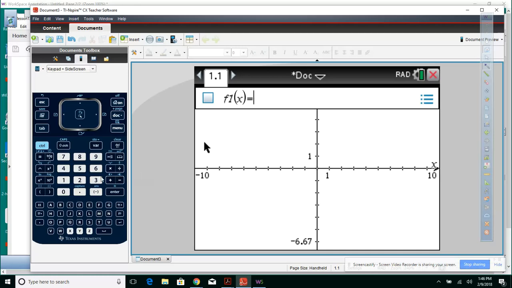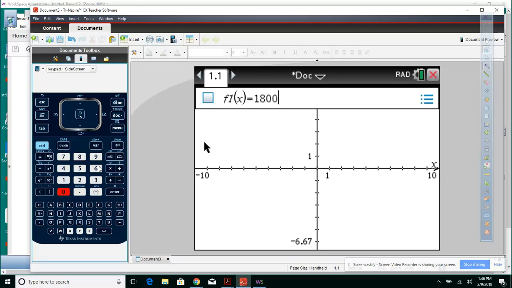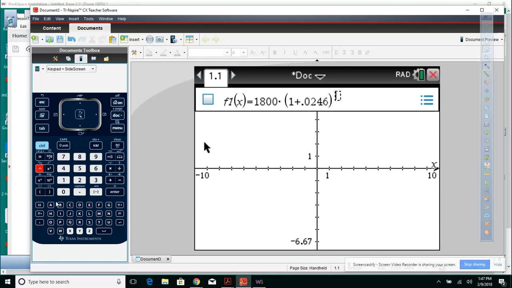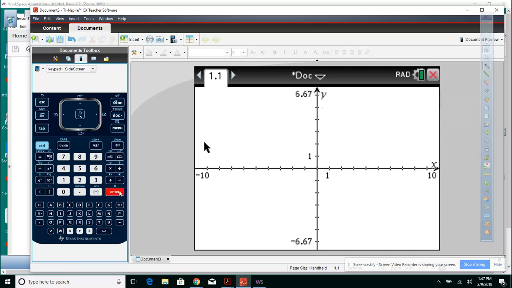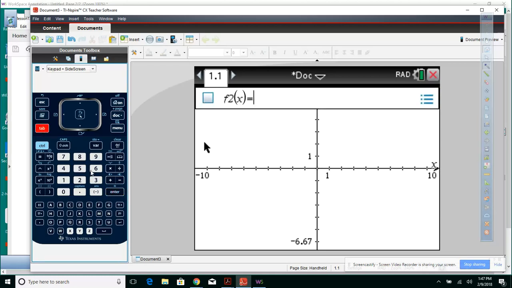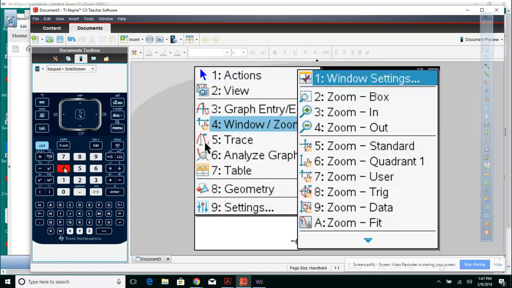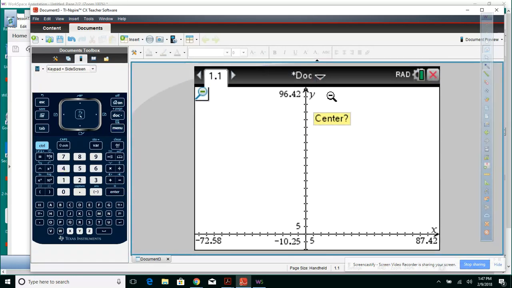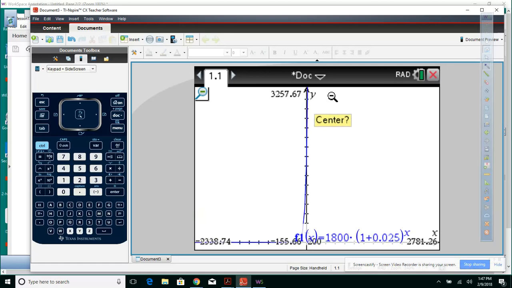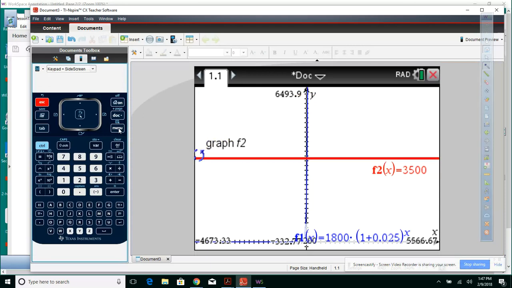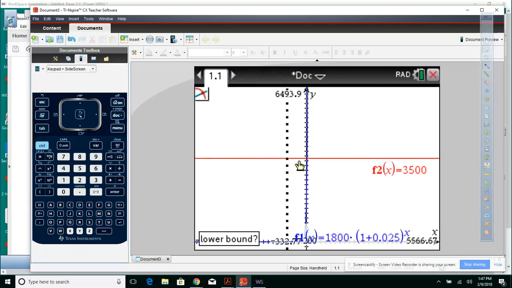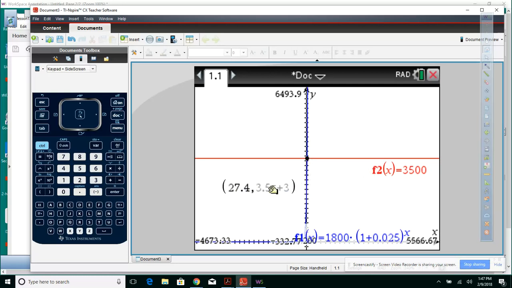We'll put 1,800 times, open parentheses, 1 plus 0.0246, close parentheses, caret, and again, graphing, you got to use X, and then press tab, 3,500, menu 4, go up here a few times, and there it is, menu 6, 4, and that's going to give you 27.4.